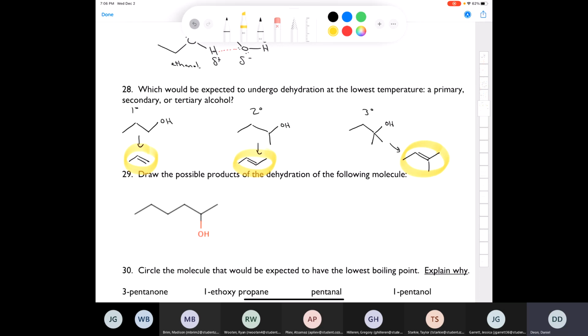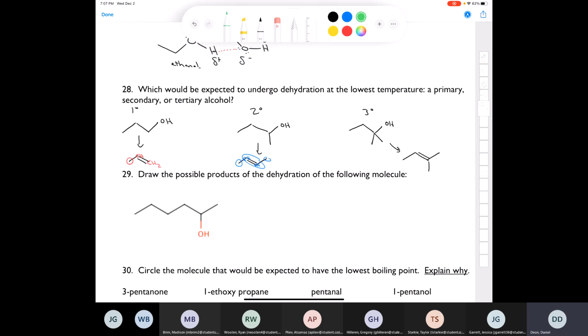If I examine the 2 carbons in each one of these double bonds, this is a CH2, this is a CH. That double bond, those 2 carbons are only bound to 1 carbon. This is a CH, this is a CH. If you look at those 2 carbons, they're only bound to 2 carbons.